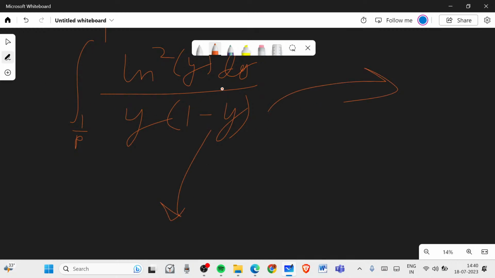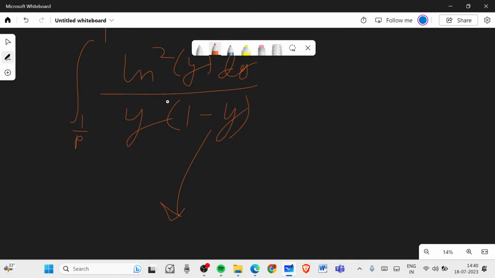First option is that in by parts we integrate this thing and differentiate this thing, but differentiating is seriously a bad idea. Let's integrate it and differentiate it. I hope we will get something.